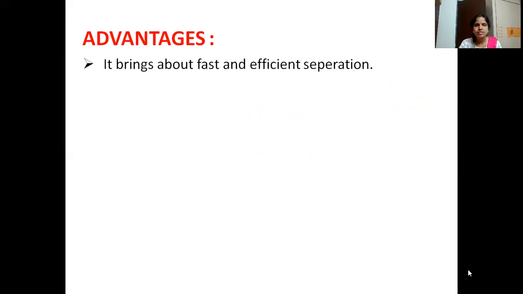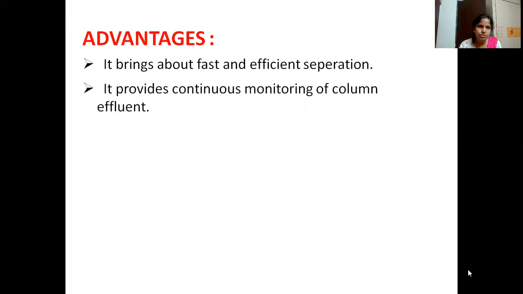And what are the advantages? At the starting I told you, it is fast and efficient separation. Fast means, if you compare with column chromatography, because we are applying pressure here, the separation is very fast and efficient also.